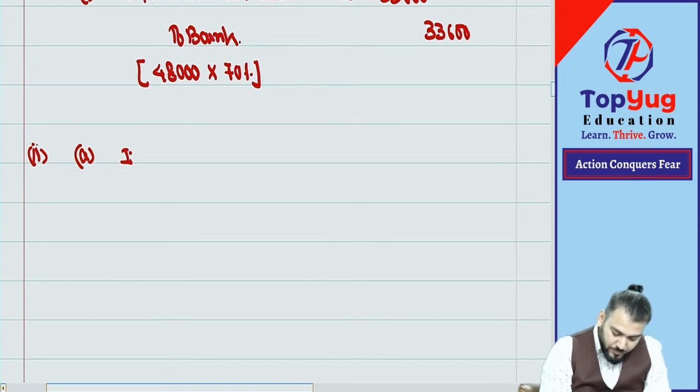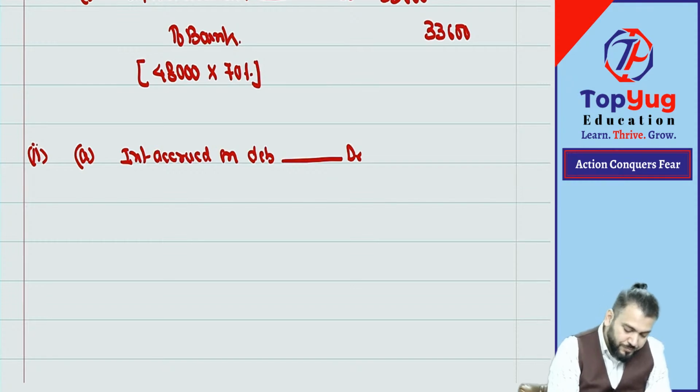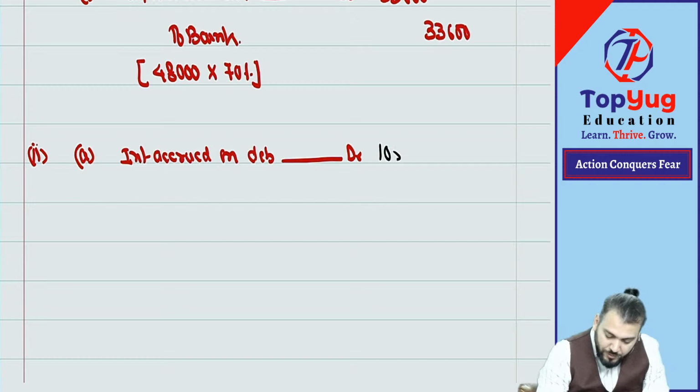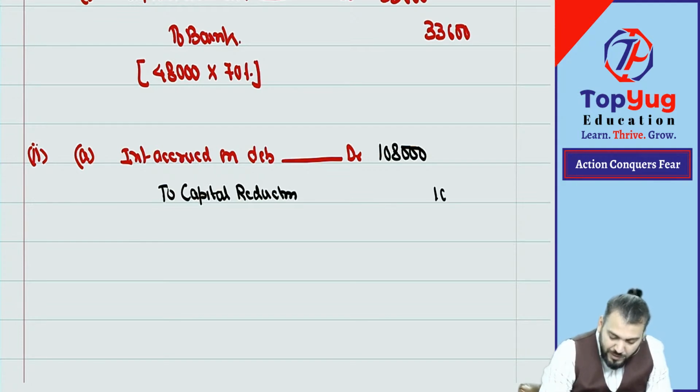They have given interest accrued on debenture. Interest accrued on debenture account debit. How much? 1,08,000. To what? Capital reduction, 1,08,000.